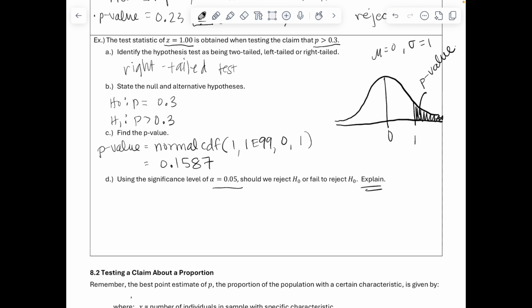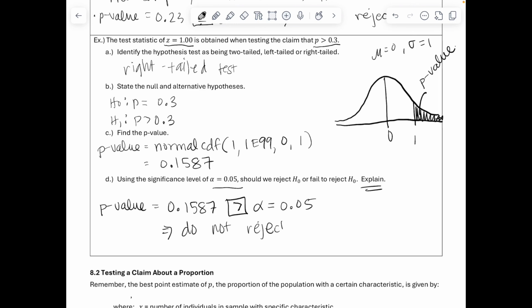Part D says using the significance level of 0.05 for alpha, should we reject the null or fail to reject the null? And it does say explain. So our p-value is equal to 0.1587, and we need to compare this to alpha, which was given as 0.05, and so our p-value is greater than alpha, and so this means that we do not reject H0.